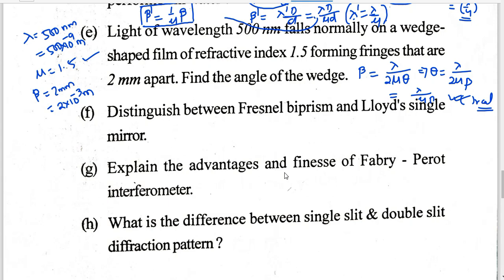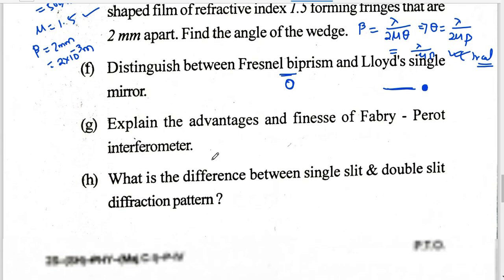In Lloyd's single mirror, there is a mirror, and you get a dark fringe at the center, and if it's a biprism, there is a bright spot at the center. So there are two or more differences you can write. Now explain the advantages and fineness of fiber interferometer. You can easily write this one, the advantage and fineness of fiber interferometer.